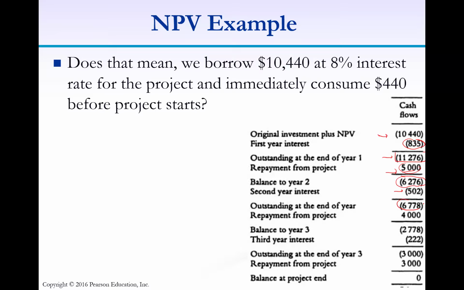Then next year you got $4,000 profit, you pay it off, and the remaining money that you need to pay, and the interest on that is 222. Add them together, you get 300. You paid and you paid off. But today you took 10,440, the investment was only 10,000, so 440 is money in your pocket today.